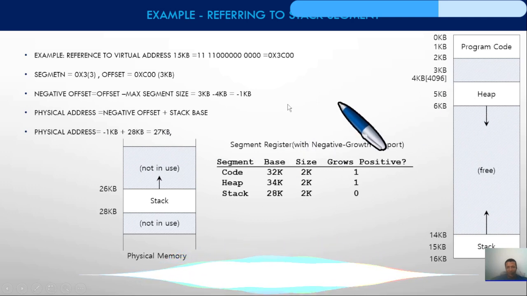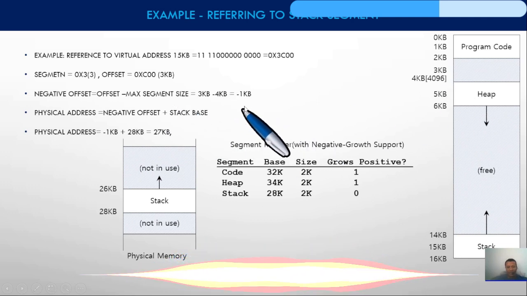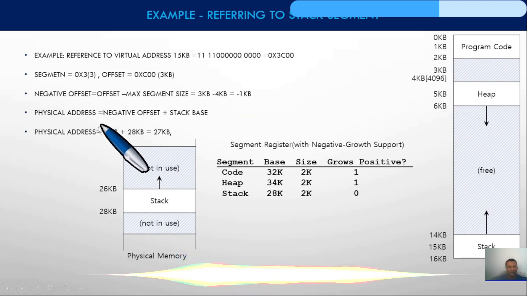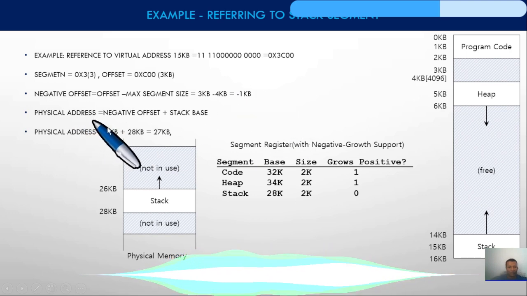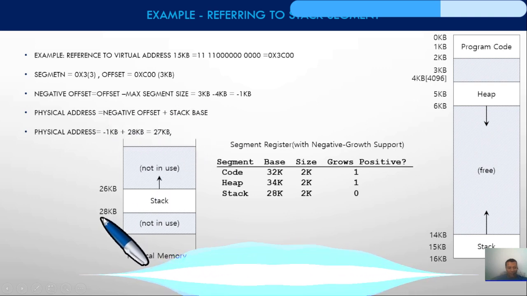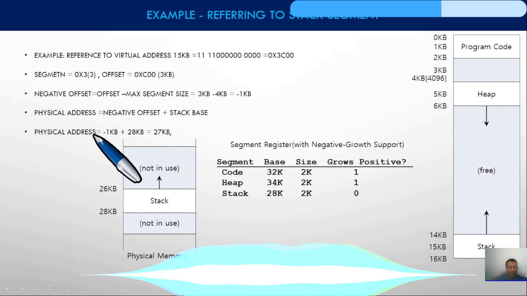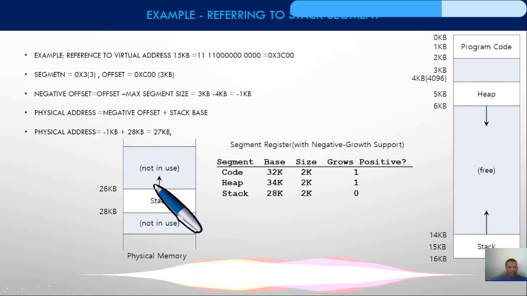In this scenario we have 4 kilobytes, so we have minus 1 kilobyte. So the physical address equals the negative offset plus the stack base. The stack base is 28 kilobytes. So 28 kilobytes minus 1 kilobyte will give us 27 kilobytes.